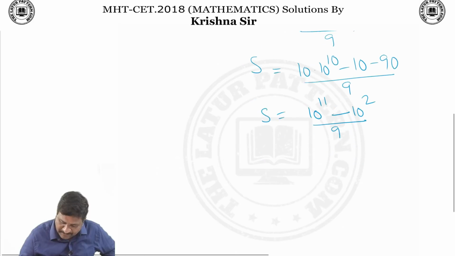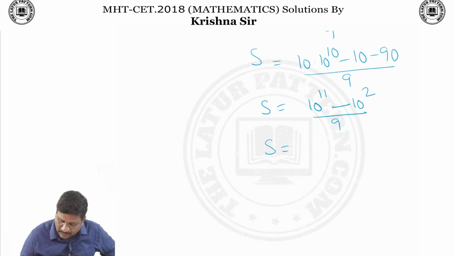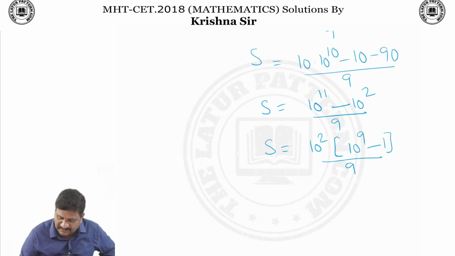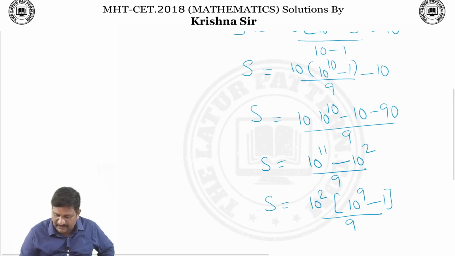Now in both we get 10 square common. So it is 10 square upon 9 into (10 raised to 9 minus 1). This is our sum of 10 terms.